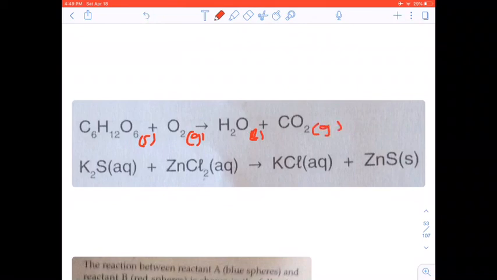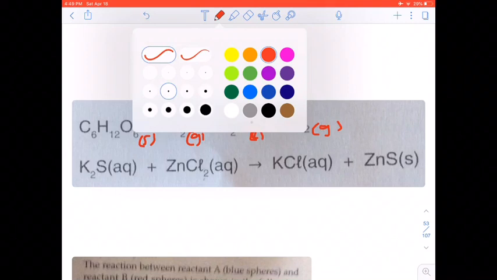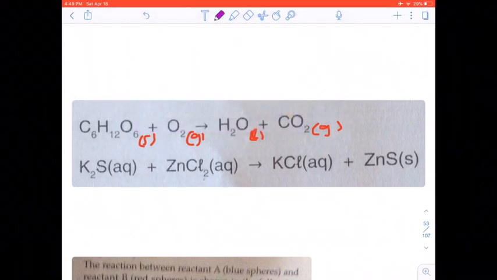If we balance this, we see that we got 6 carbon dioxide, and we got 6 carbons on the left, 6 carbons on the right, and we got 12 hydrogens on the left, so we need to put a 6 there, which gives us 12 hydrogens on the right.